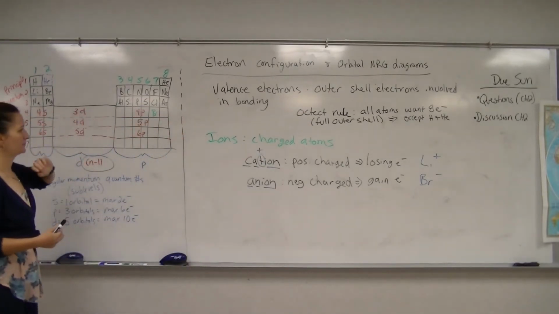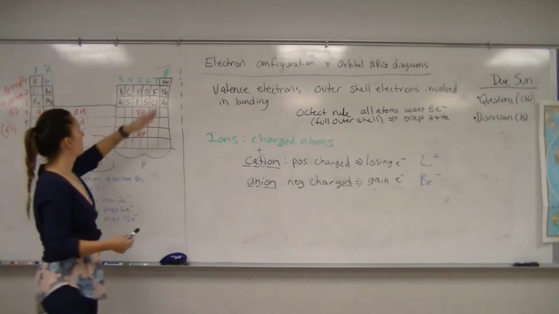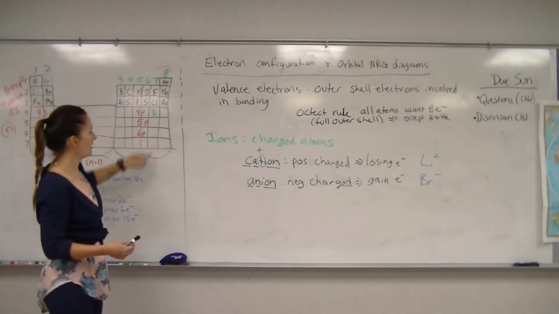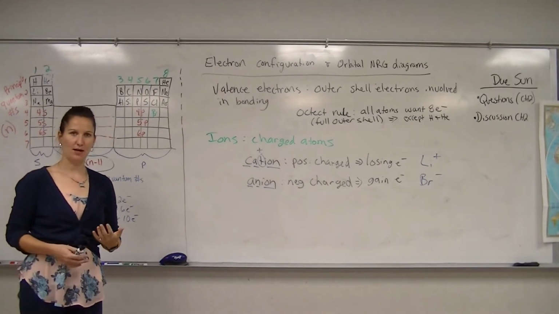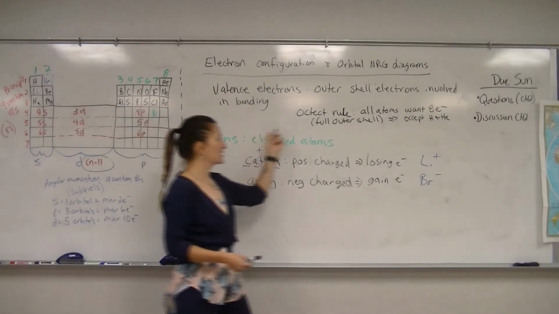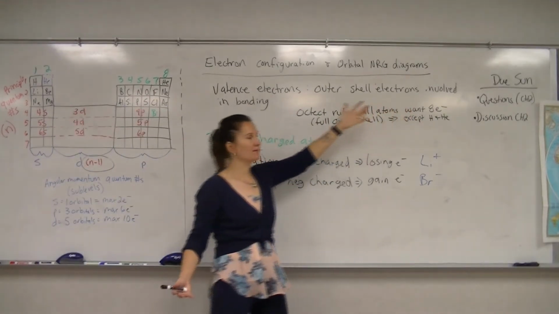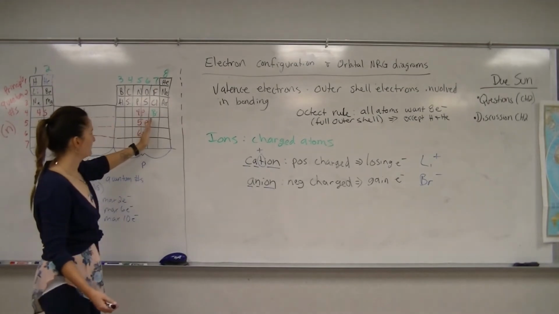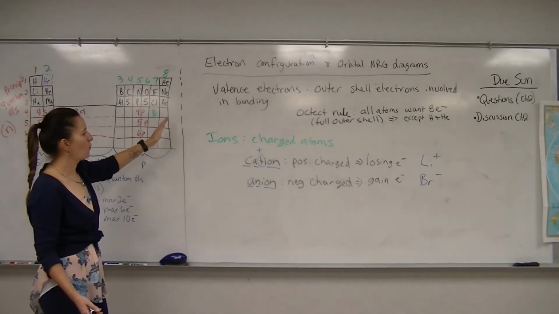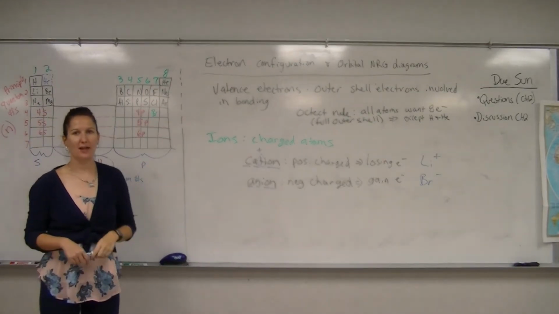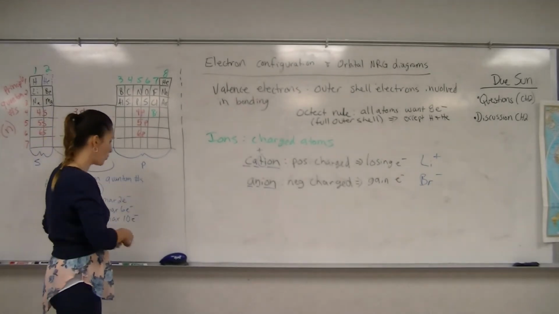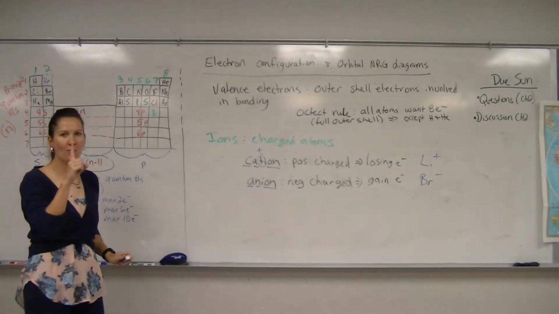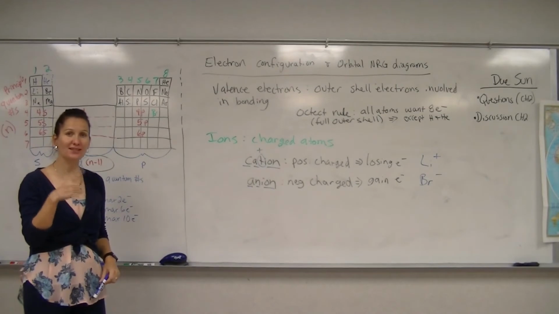So, for example, let's stick with bromine. Bromine is a halogen. So all halogens have 7 valence electrons, right? But how many do they want? 8. So if they have 7 and they want 8, what do they have to do to get 8 valence electrons? Well, they're going to have to gain 1 more electron, right? 7 plus 1 is equal to 8.